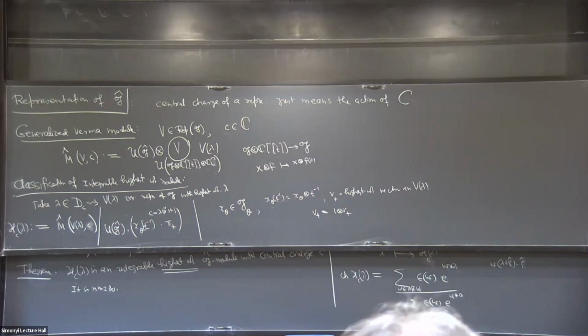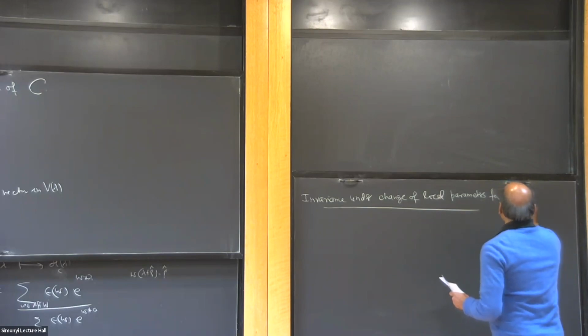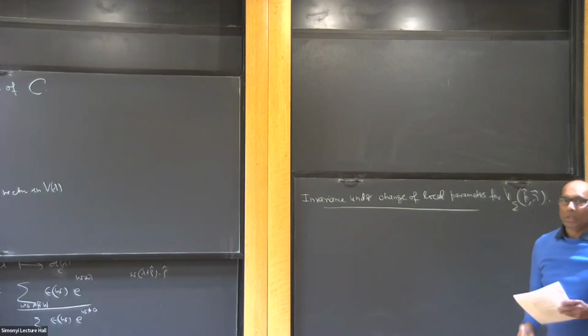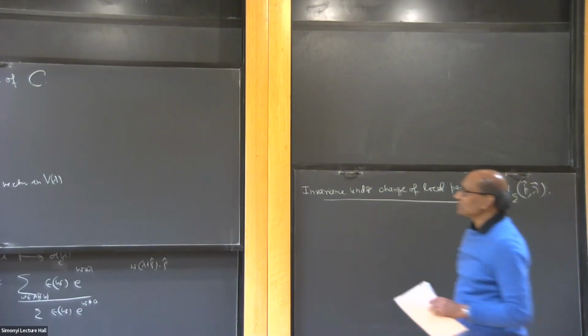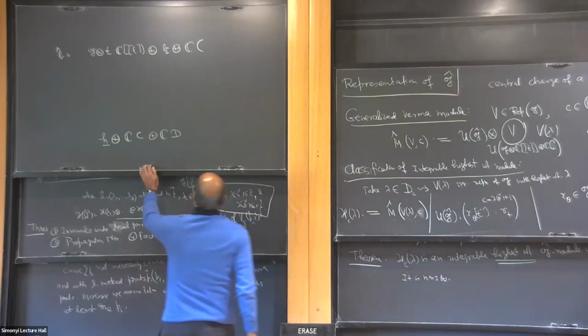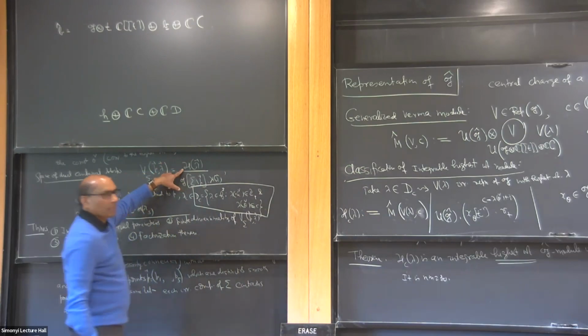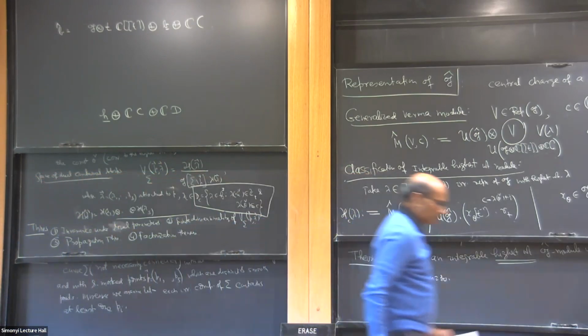So, invariance and the change of local parameter for this V sigma P lambda. See what we did in the definition of this V sigma P lambda, which is here. Let me write it again a little bit.